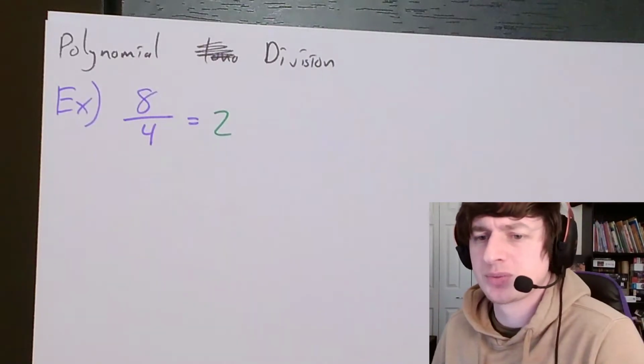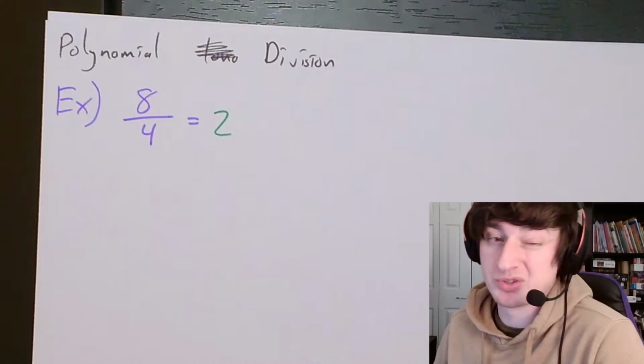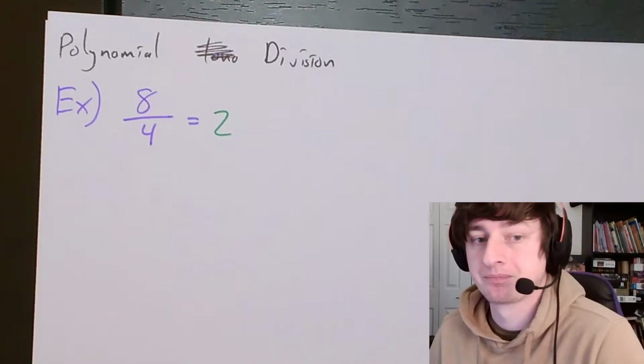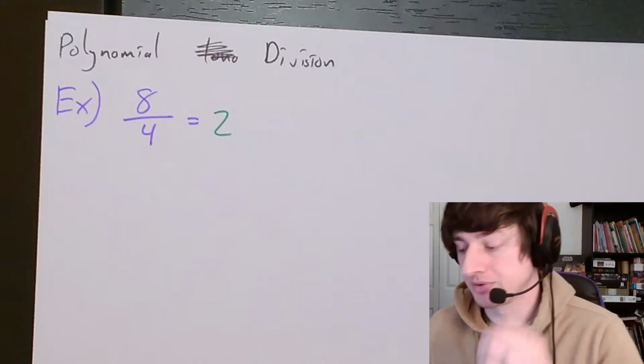It's like the opposite of multiplication, right? If we multiply 4 times 2, we get 8. And so we're dividing here, okay? What about bigger numbers?